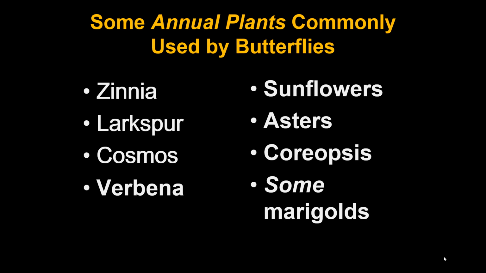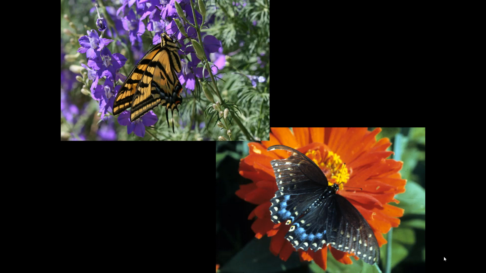They've got quite long mouth parts, and so these would be some annual plants. I mean, these are just examples of annual plants you might put in your yard that are attractive to butterflies. I like larkspur. I like zinnia. Those are two of my favorites.